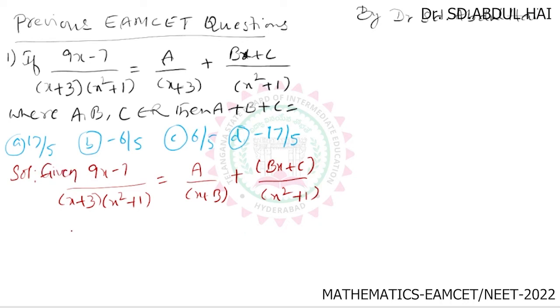Right? Now, if I take the LCM on both sides, the (x plus 3) and (x square plus 1) cancel from both sides. So what I am getting? 9x minus 7 is equal to a into (x square plus 1) plus (bx plus c) into (x plus 3). Okay. Now, here the highest power is x square, then x, and then the constant term.